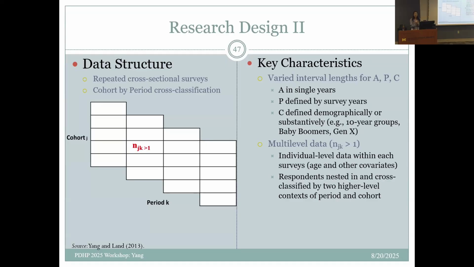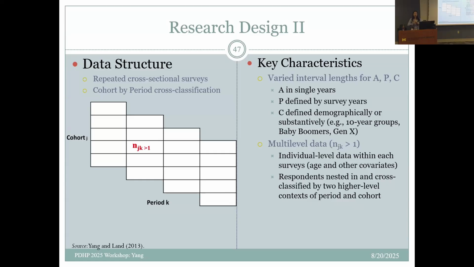So we have individual-level data nested within each survey, with individual characteristics including age and other attributes such as sex, race, and so on. Individual members are also nested in and cross-classified by time periods of survey and cohort membership as higher-level contexts.